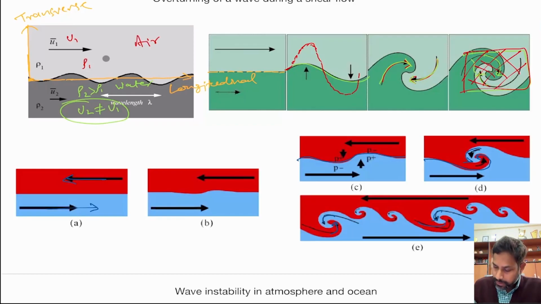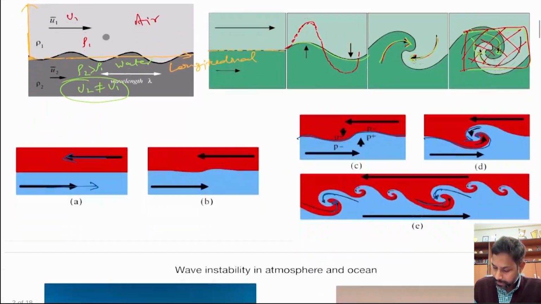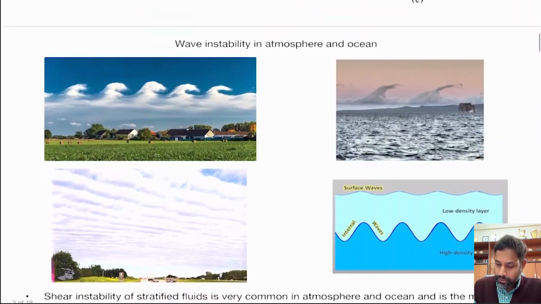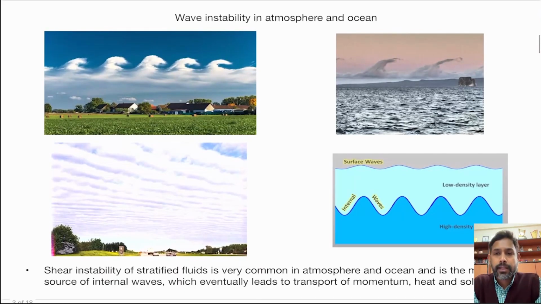Okay, so this instability in waves is not only a theoretical phenomenon, but it also happens in nature very often, right? As in the case of the ocean, we have already seen some images where these waves that you see are eventually getting overturned because they are unstable, right?